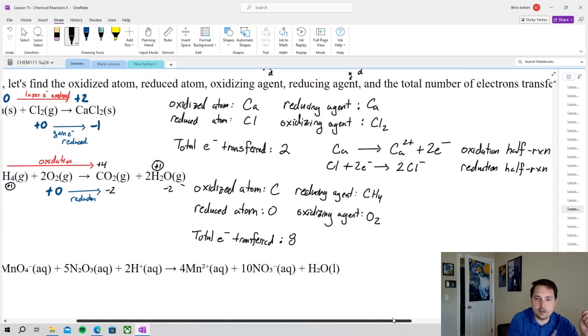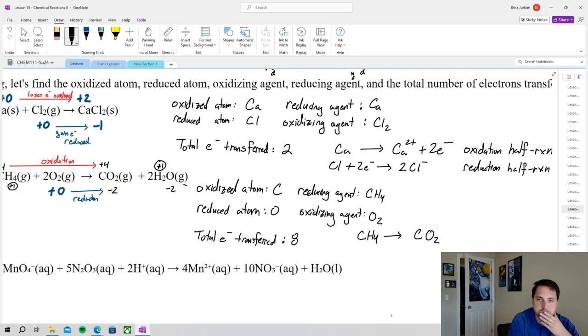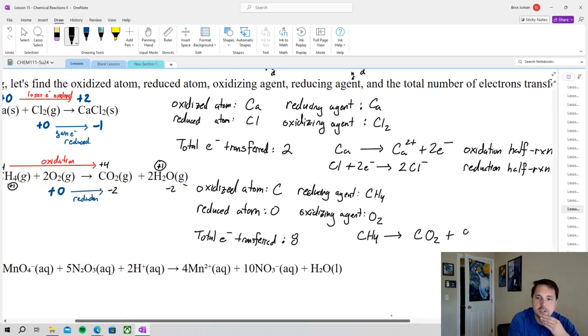So if I were to write out the half reactions, let's see if we can do this. CH4 goes to CO2. We end up losing 8 electrons in this process. And when we have 2 water molecules, they combine with 8 electrons to give, well, I actually don't know how to write this.